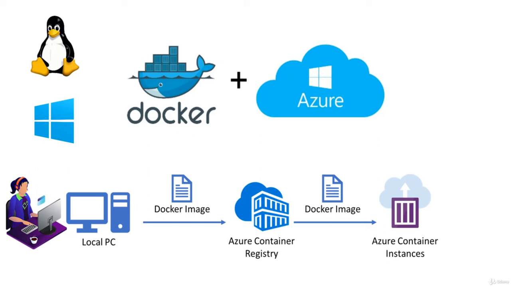This means that software developed locally within a Docker container can be shared with other resources like the QA team for testing purposes and then deployed to production in Azure Cloud. Once it is deployed to Azure Cloud, the application can easily be scaled up and down using Azure Container Services or even the Kubernetes services.